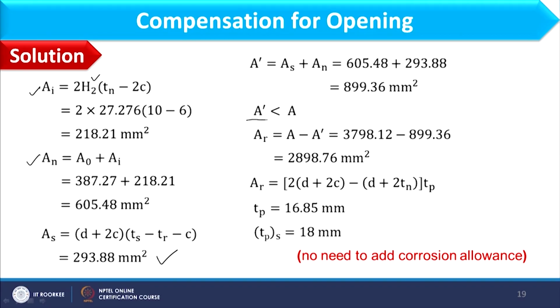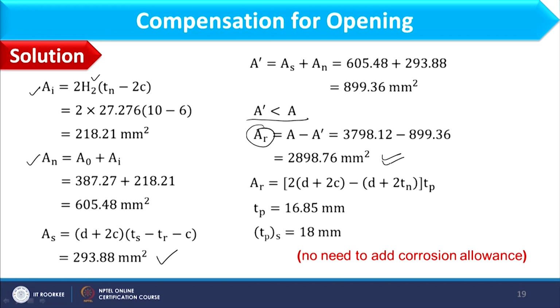Now, I will compare A dash with A, and I find A dash is significantly less than A. Therefore, I need to calculate AR, that is the area of ring pad, and that would be A minus A dash. So, this would be the area of ring pad.